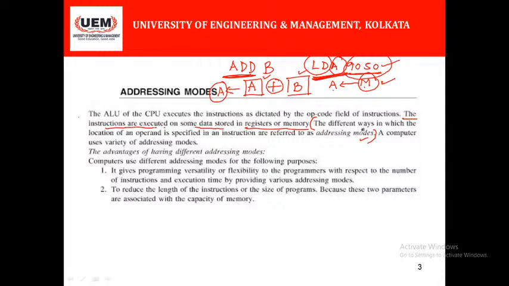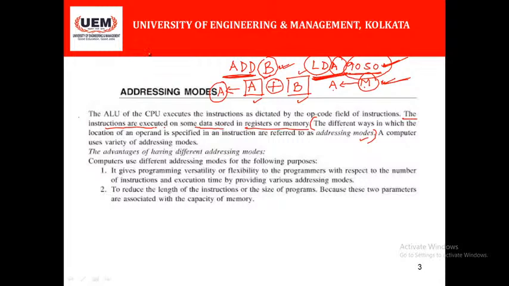So I can say my original data is hiding inside memory location 9050. In case of ADD B, the data on which I am operating is hiding under A register and B register.